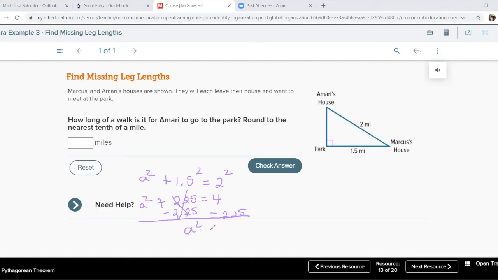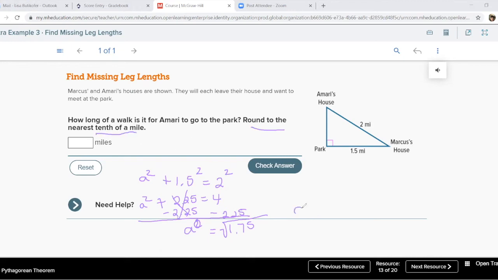A squared equals 4 minus 2.25 is 1.75. To get rid of that square right here and just have an a, we have to do the square root. So the square root of 1.75 is, and look right here, we're rounding it to the nearest tenth of a mile.